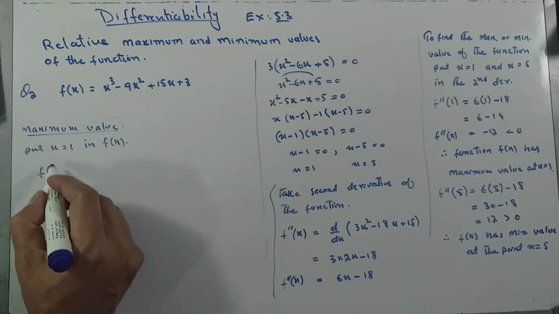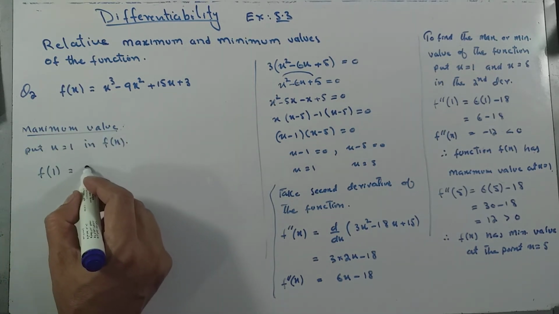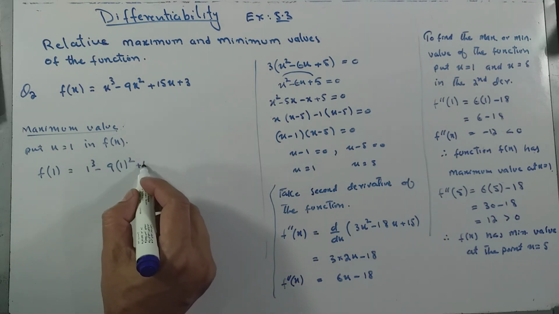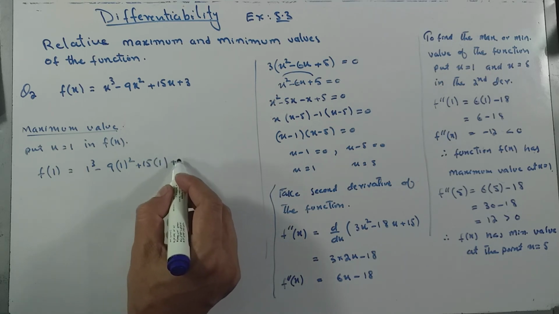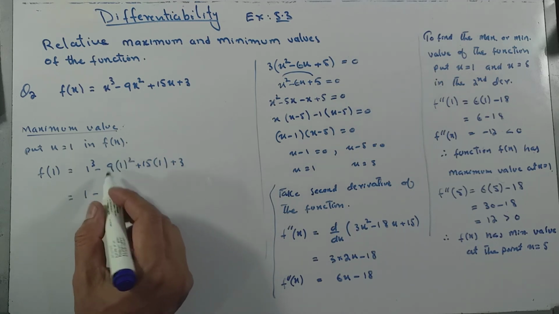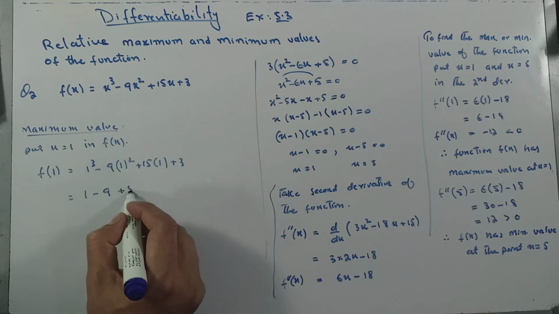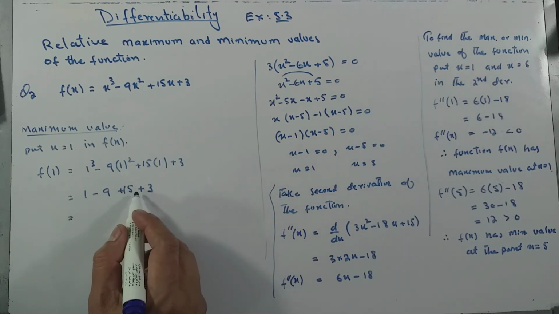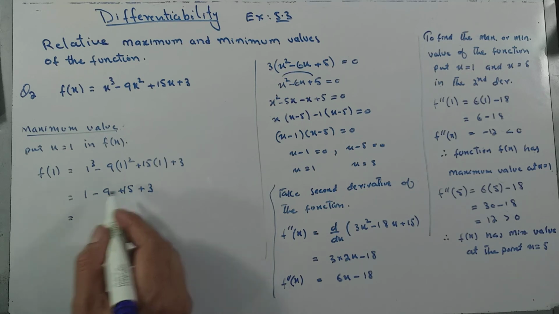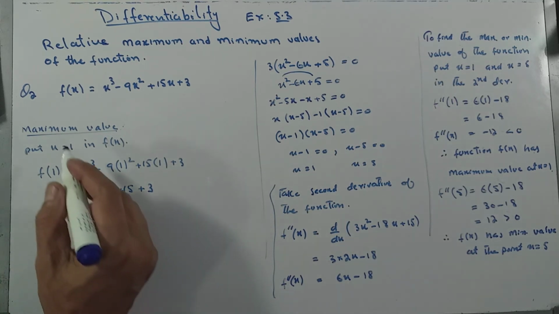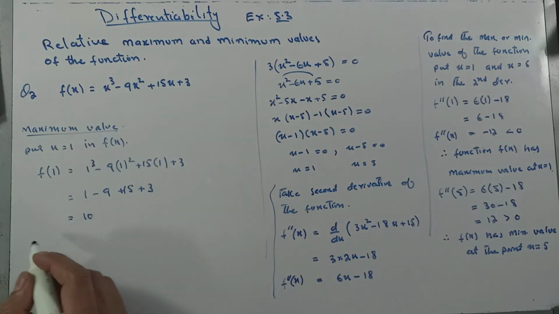So f of 1 is equal to 1 cube minus 9 into 1 square plus 15 into 1 plus 3. 1 cube is 1, minus 9 ones are 9, plus 15 ones are 15, plus 3. So 3 plus 1 is 4, 4 plus 15 is 19, 19 minus 9 is equal to 10. So the maximum value is 10 for f of x.